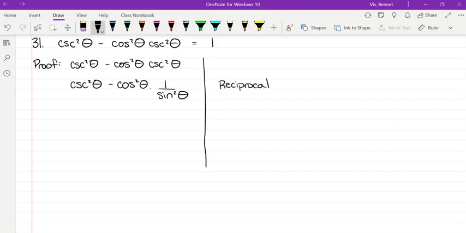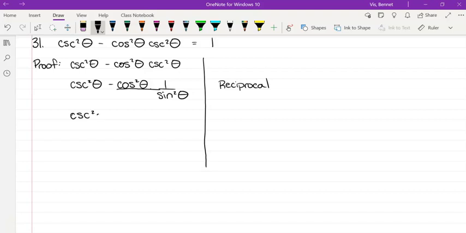And you might be wondering why I chose to just change this one and not this one over here. Well, I'll show you in a minute. Because this side is really just cosine squared over sine squared now. This whole thing, cos squared over sine squared, that's cotangent squared.